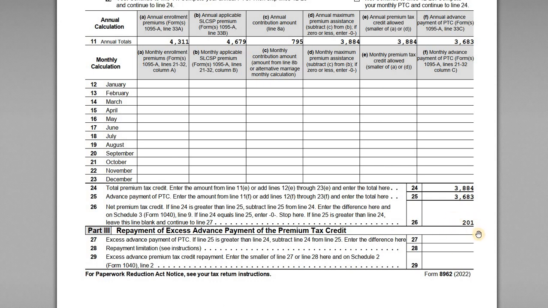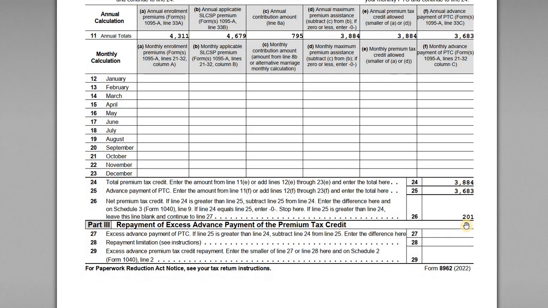And so that's what's happening here. So this is, in effect, a true-up of an additional $201 that Jane is able to claim. Now, if the reverse occurs, if line 25 is greater, then that means you received too much advance premium, and so you potentially have to repay it. That's what would happen down here in Part 3.